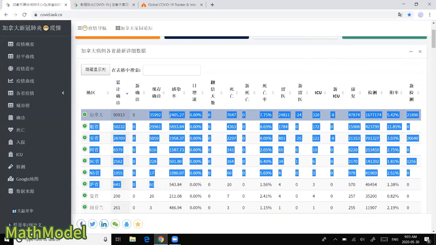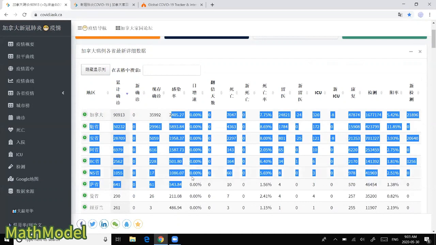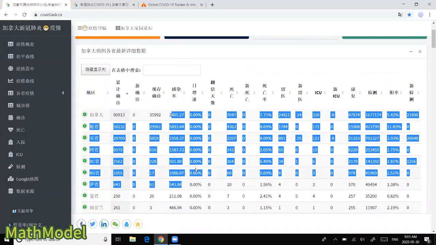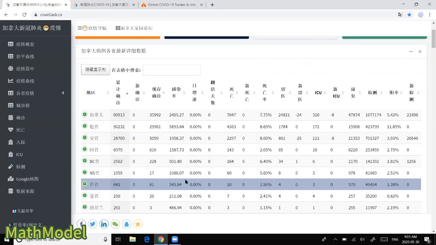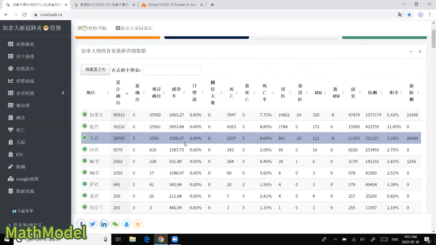And then there's also 感染率, which I'm pretty sure is the average infection per day, which means that, for example, today there were 2,000 people infected, tomorrow there were 3,000 people infected, and the next day there were 2,300 people infected.